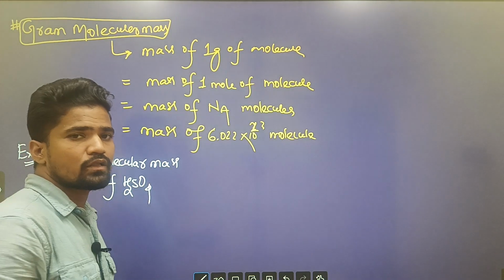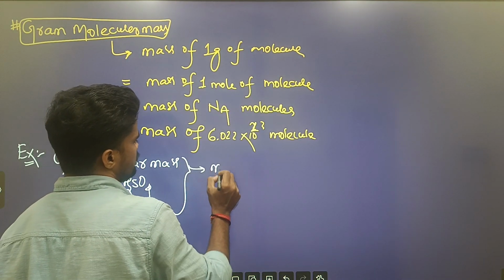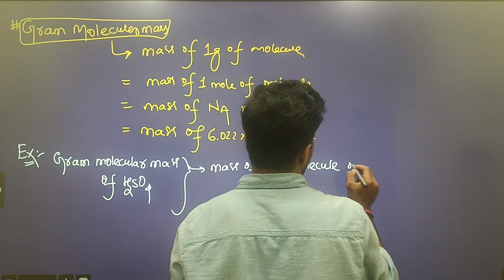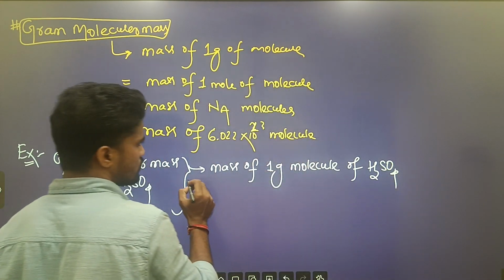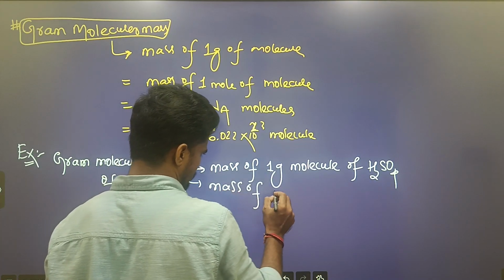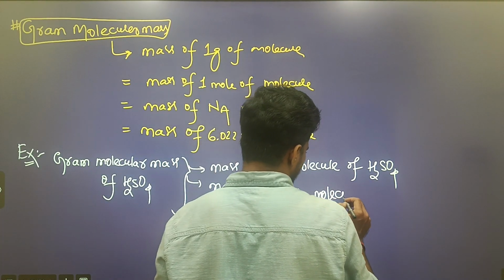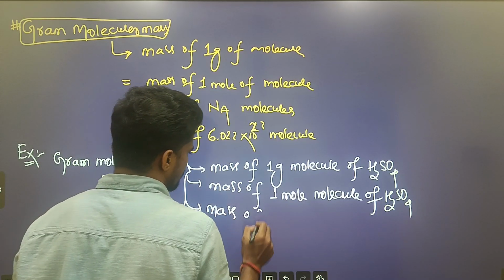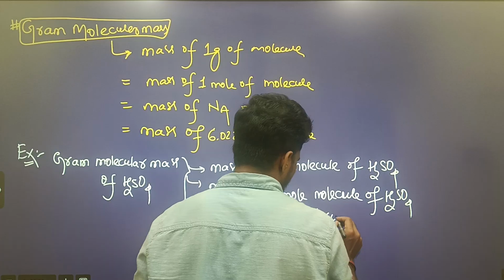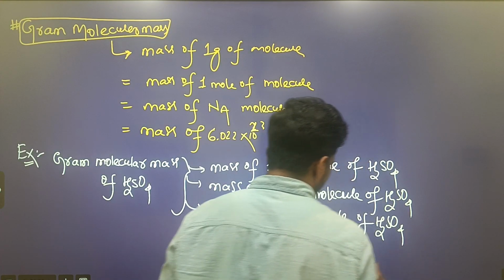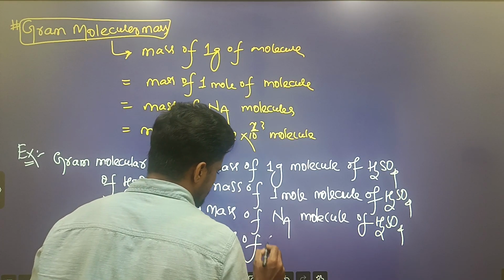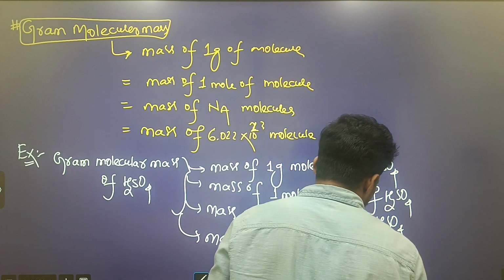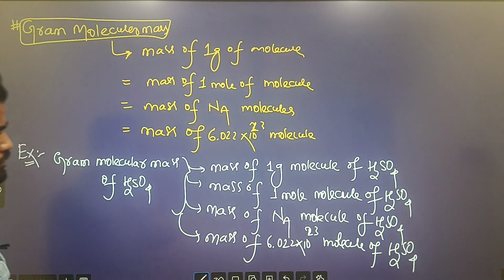Sulfuric acid is a molecule, so we can say it is the mass of 1 gram molecule of H2SO4, or the mass of 1 mole of molecules of sulfuric acid, or the mass of NA molecules of sulfuric acid, or the mass of 6.022 into 10 to the power 23 molecules of sulfuric acid.